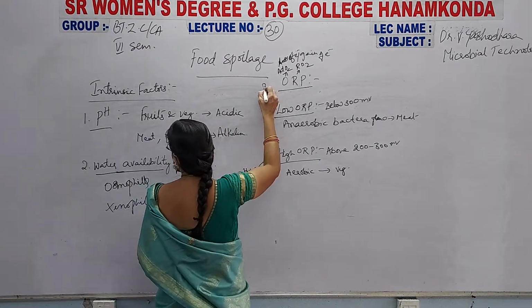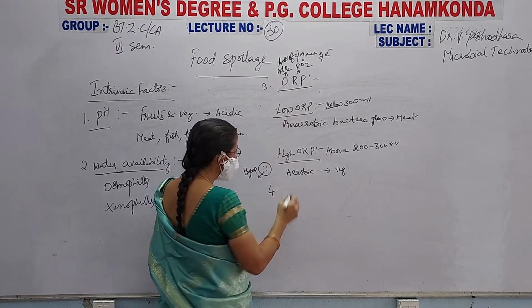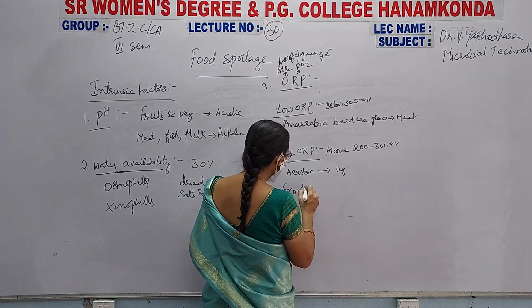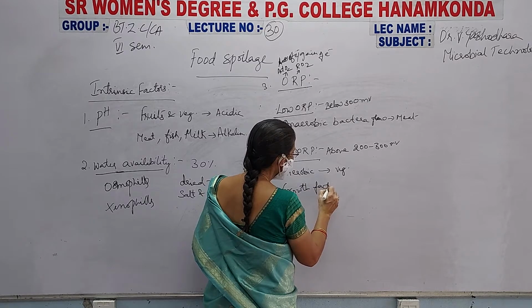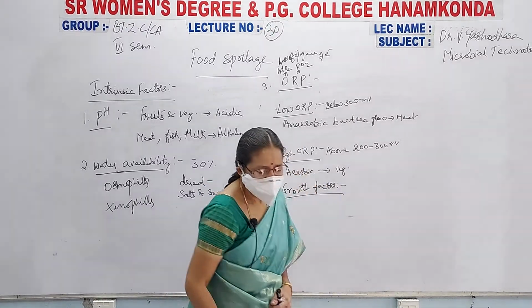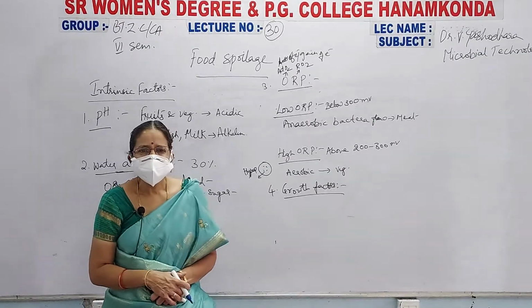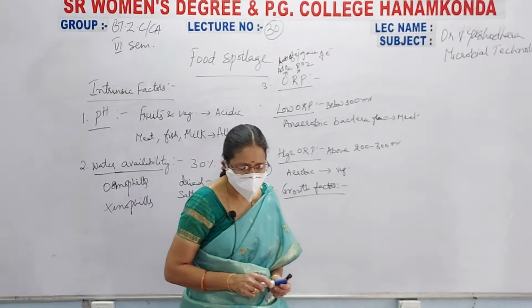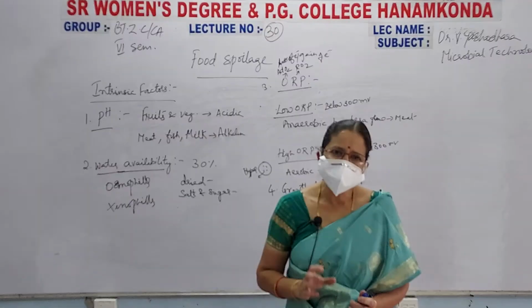Coming to the fourth one, it is your growth factors. See here, what are growth factors? That is your proteins, amino acids, carbohydrates, vitamins, lipids, all these are the growth factors.